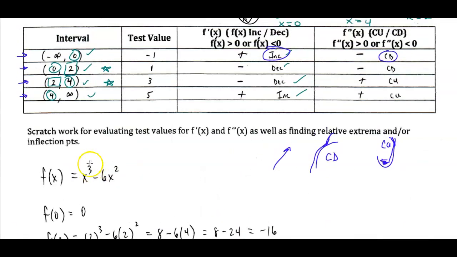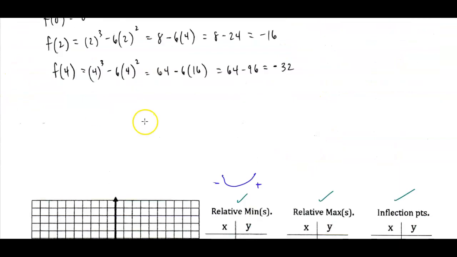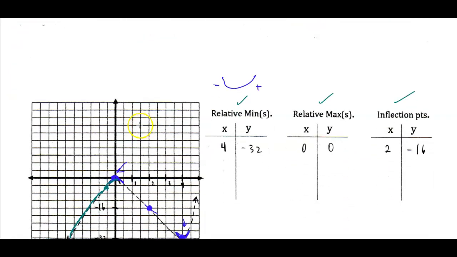If we go back to the chart for the next interval from 0 to 2, notice that our function now is decreasing, but yet it's still concave down, okay? Sorry, it starts to decrease, but yet it's still concave down. So we got all this here, okay?